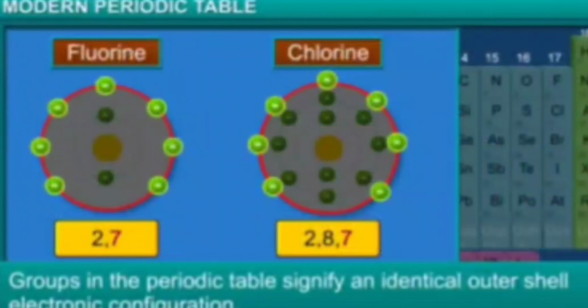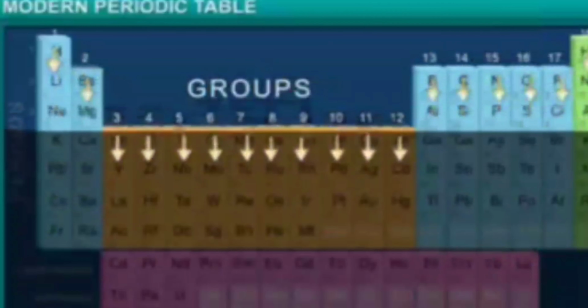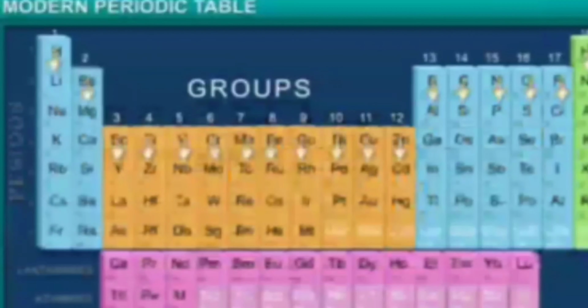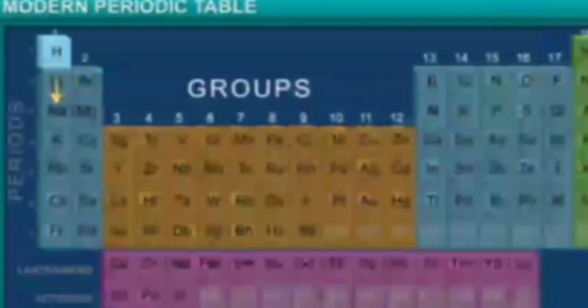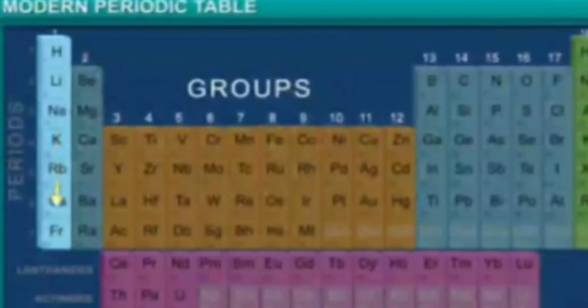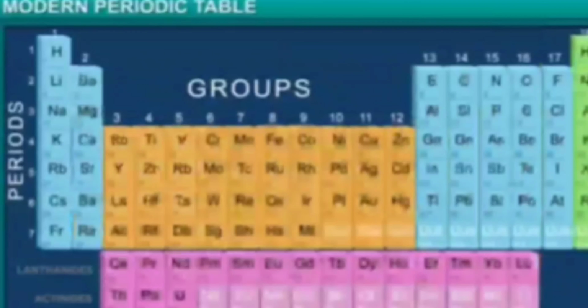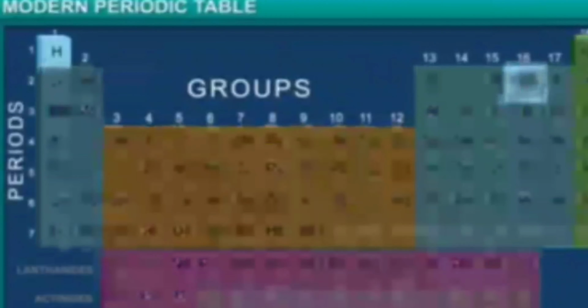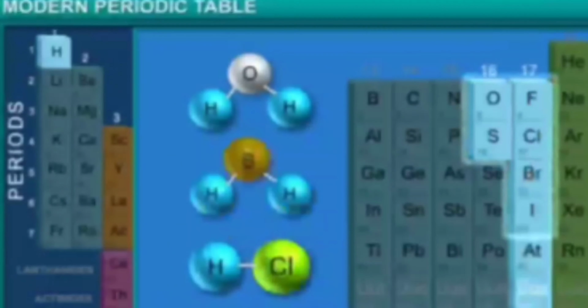So a group in the periodic table signifies an identical outer electronic configuration. We have seen these two groups where the number of electrons in the outermost shell remains the same, but shells go on increasing.